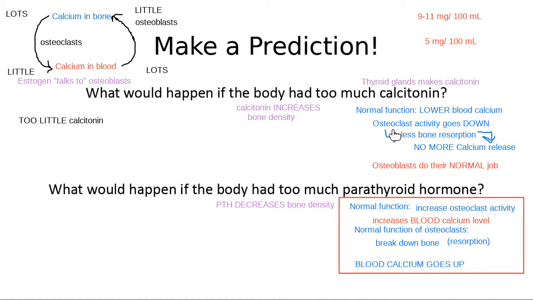If I never slow them down, hypothetically, it could be possible that I would end up breaking down too much bone tissue. If they're always going at normal pace and maybe my osteoblasts start to slow down a little bit, that could make this process go faster. So if I have too little calcitonin, I may end up decreasing my bone density. Or let me put a note down here: too little parathyroid hormone.